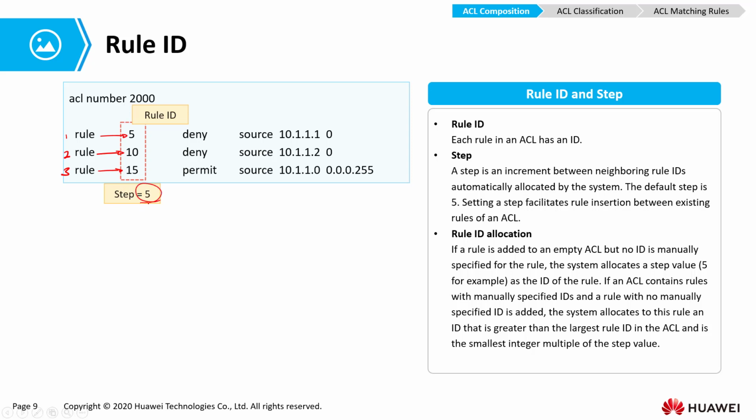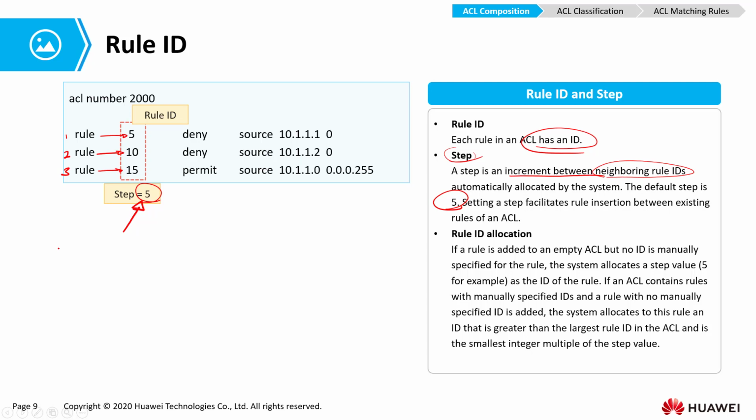So each rule in an ACL has a rule ID, and every ACL has a step configured. The step is the increment between the neighboring rule IDs. The default step in the system is 5, but the step can be configured.